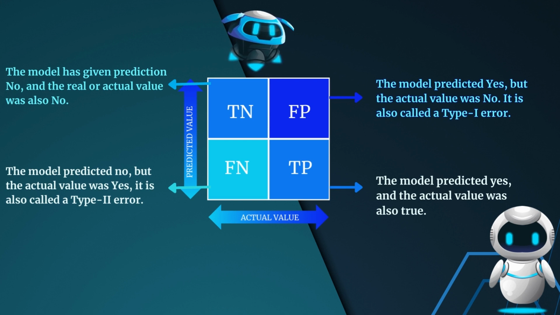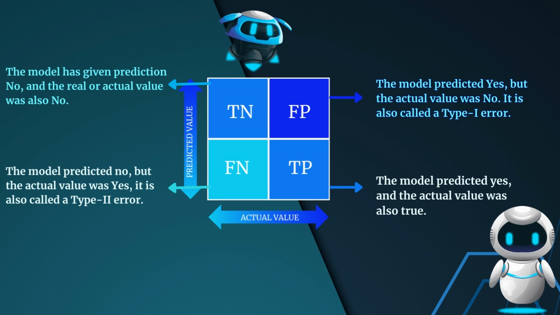And in FP, the model predicted yes but the actual value is no, just the opposite of false negative. In false positive the predicted value is yes and the actual value is no, and it is known as a type 1 error.